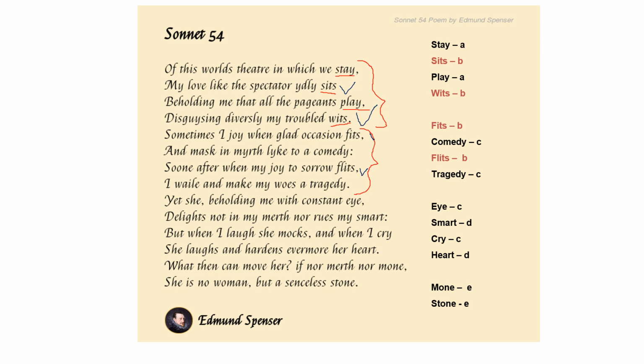Similarly, we can see how comedy and tragedy would be coming here, and I and cry. So this is how the Spenserian sonnet links one quatrain to the other, making the overall rhyme scheme ABAB, BC, CD, and EE.